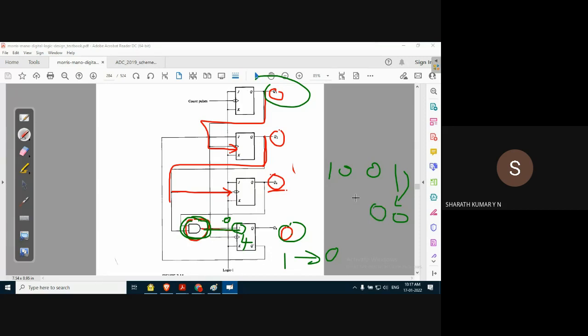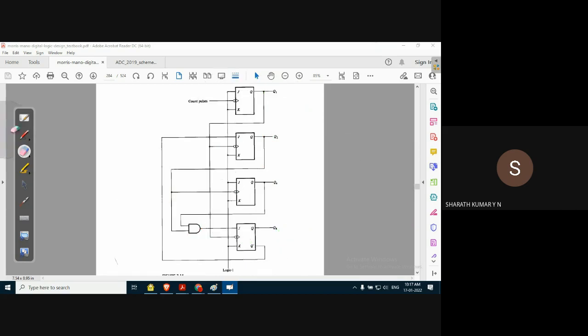Okay, because see Q2, one more observation for Q2. This I missed. The complement output of the fourth flip flop, that is Q8 dash, is applied as a J input to the second flip flop. Why is it so? Because let's observe this.